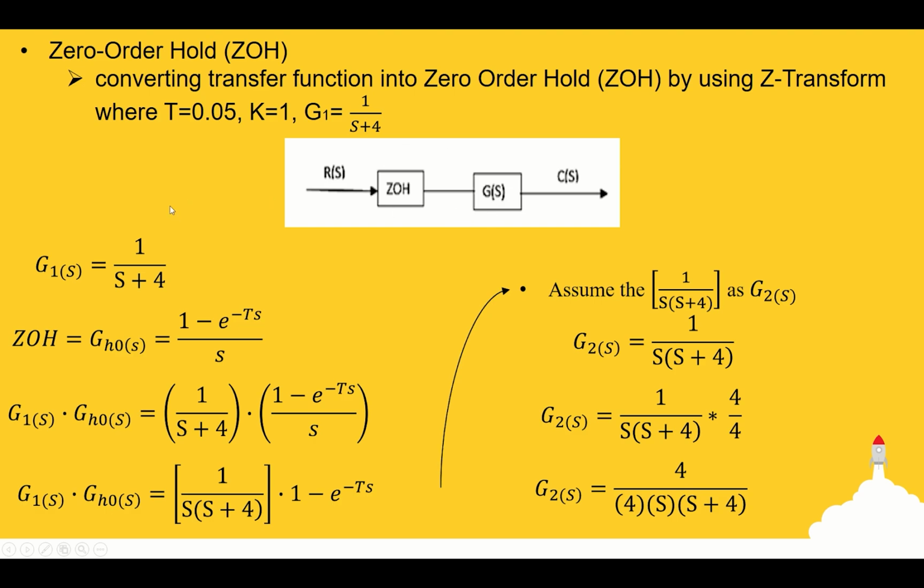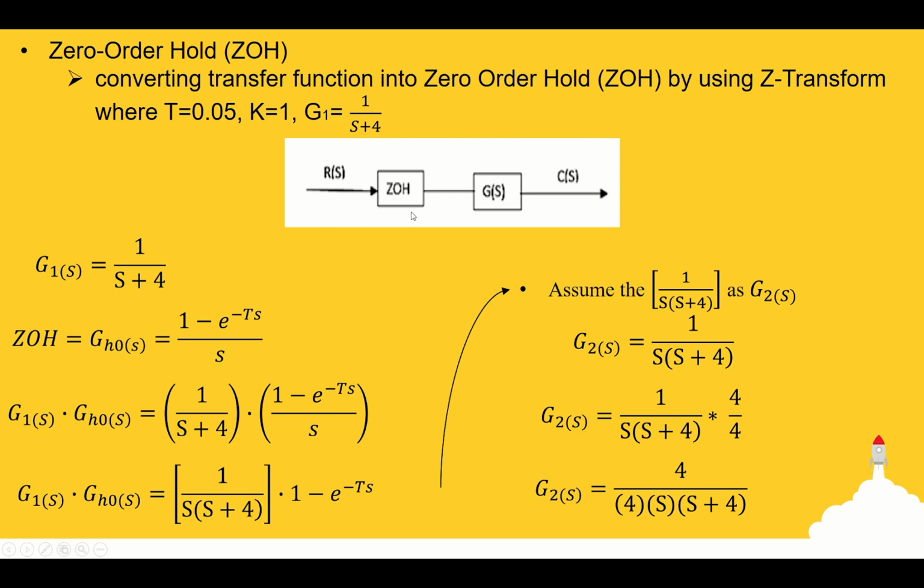Like what I have mentioned above, our transfer function is 1 over s plus 4. Our ZOH transfer function is 1 minus exponent negative Ts over s. Under the ZOH transfer function, we have two blocks. The first block is 1 minus exponent negative Ts, and the other block is 1 over s.